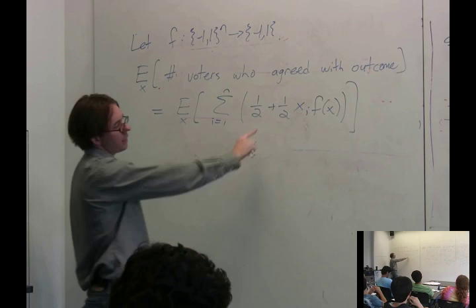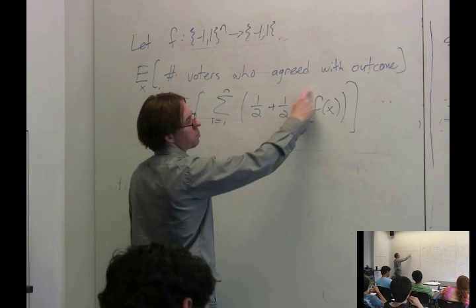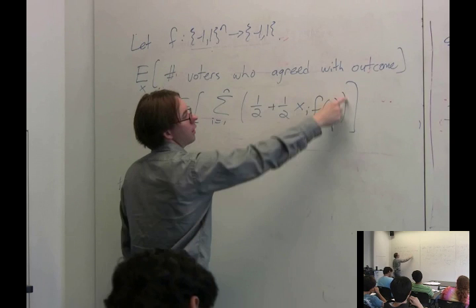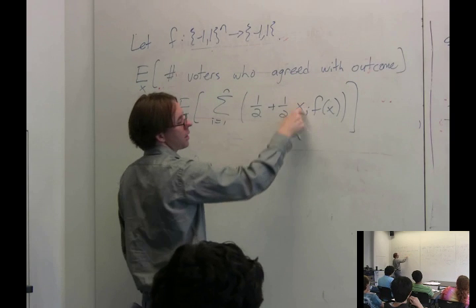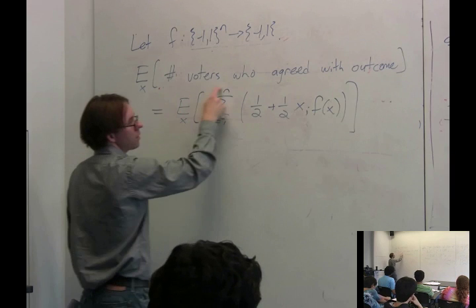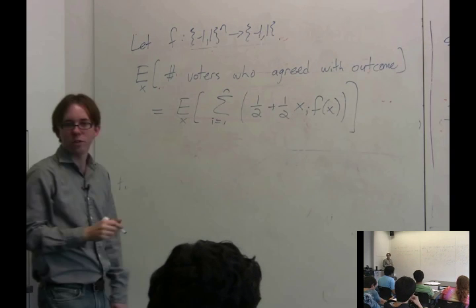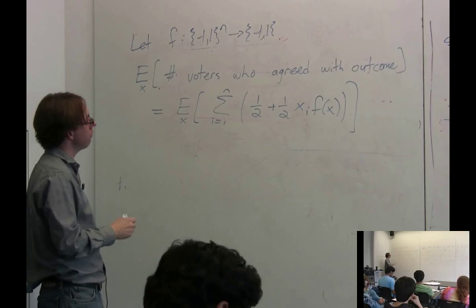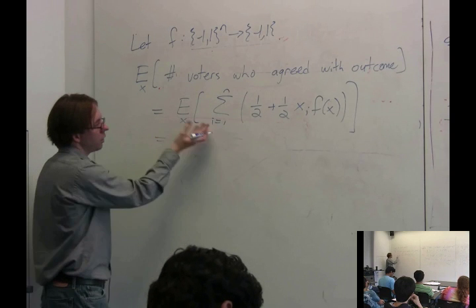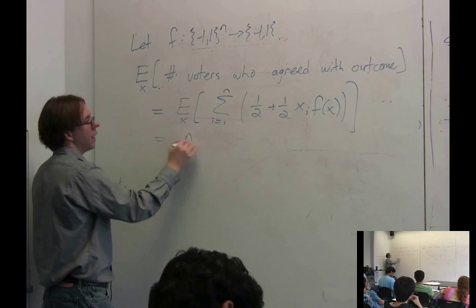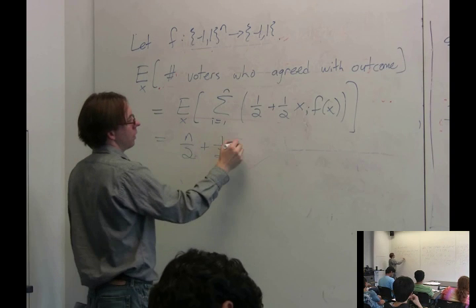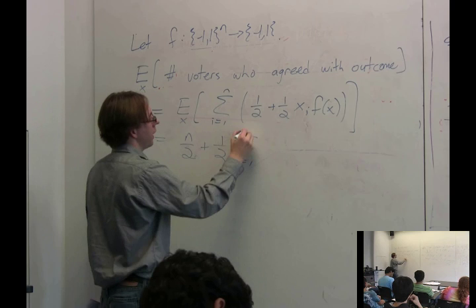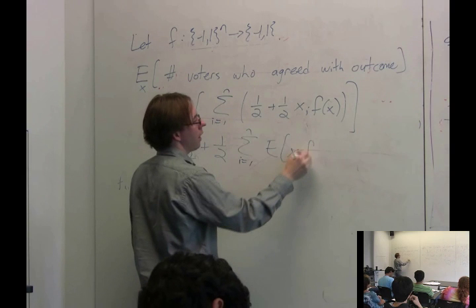So you see, if x_i equals f of x, then this product is +1, and this whole thing is 1. If x_i disagrees with f of x, this product is -1, this whole thing is 0. So this whole thing counts up the number of voters who agreed with the outcome. And now we exchange the sum and the expectation, and eventually we get n over 2 plus a half sum i goes from 1 to n, expectation of x_i f of x.